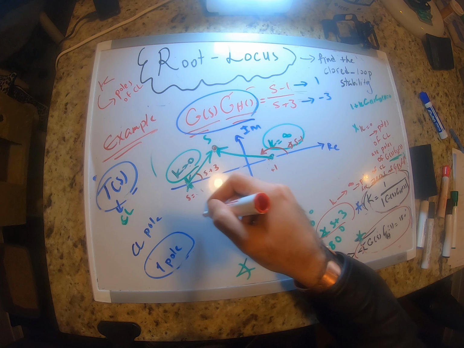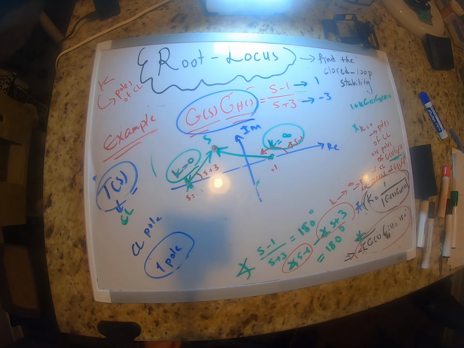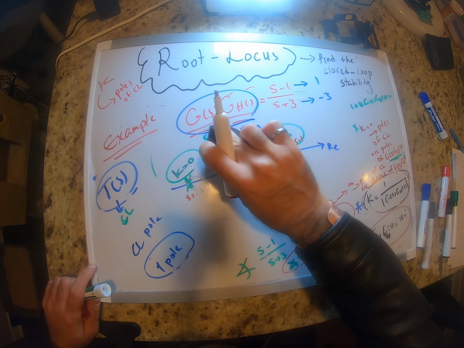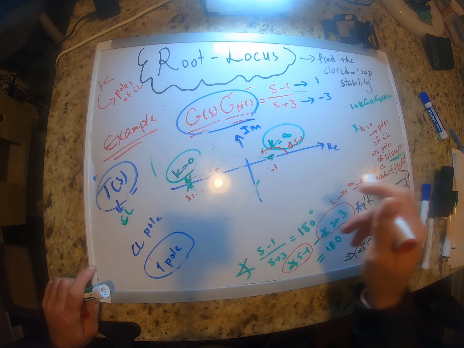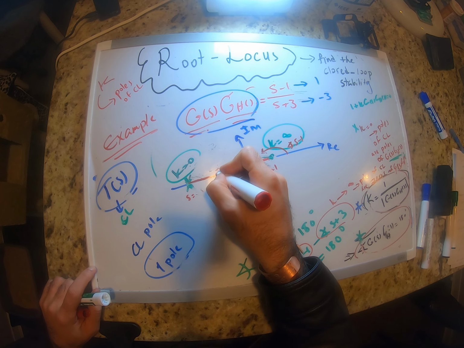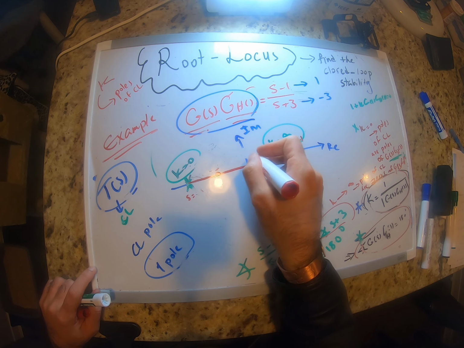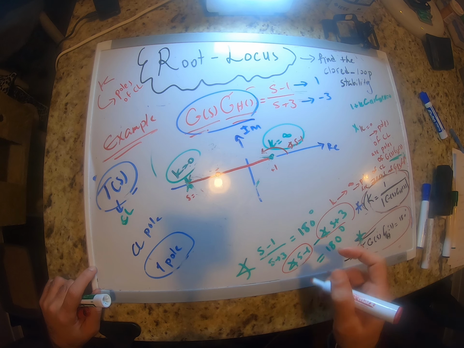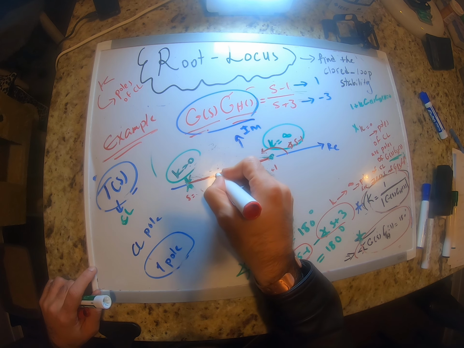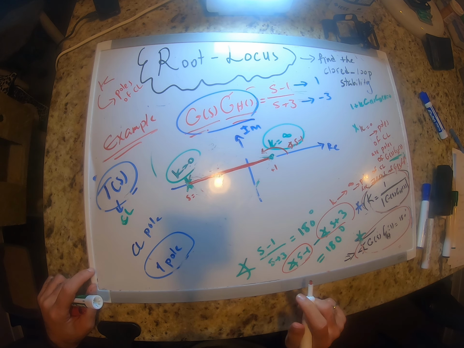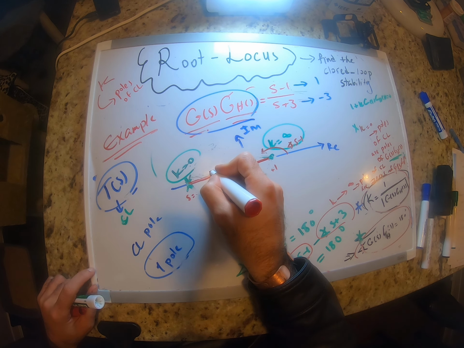The only points in the plane that could have this relationship satisfied are the points between the zero and the pole, right? Because if you find any point here, this angle is 180 degrees, this is 0, so this is satisfied, right?